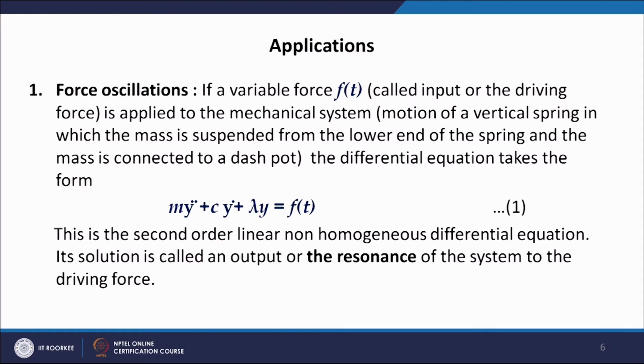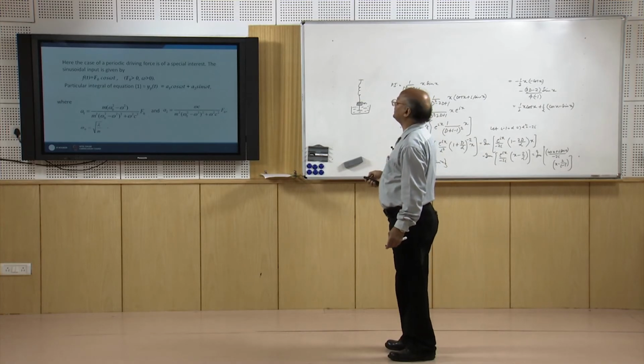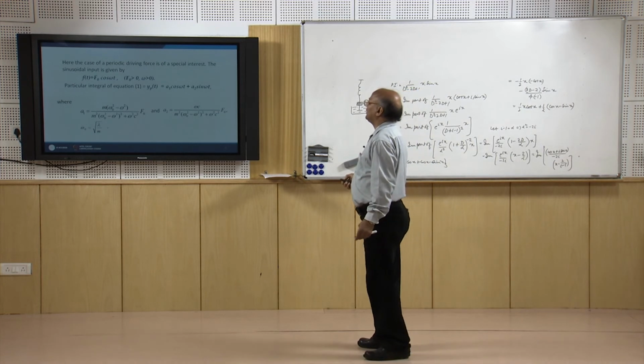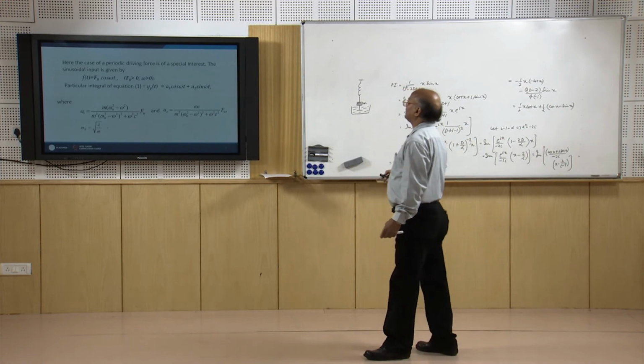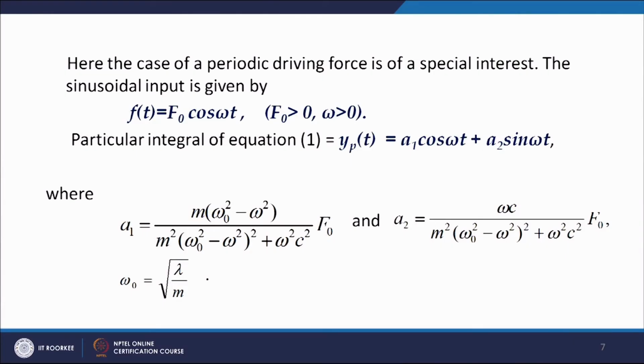Now, in the case of this non-homogeneous differential equation, we generally consider a periodic driving force because we have special interest in this. So, let us consider F(t) equal to F naught cos omega t, where F naught is positive, omega is positive.